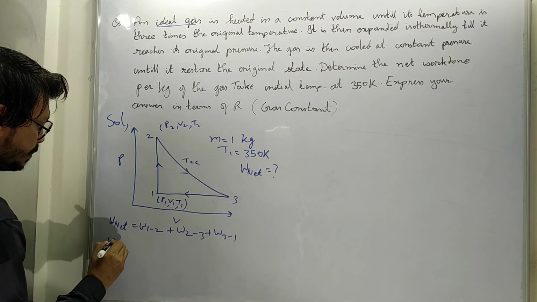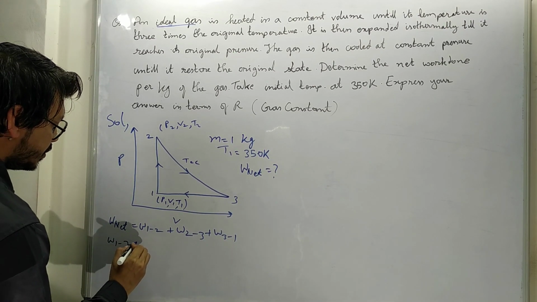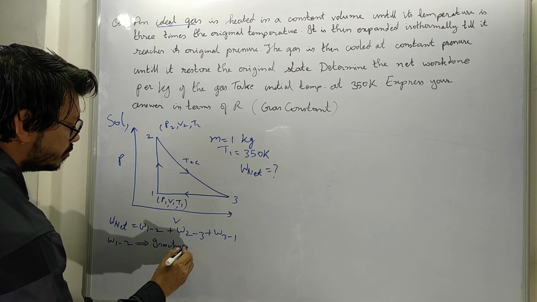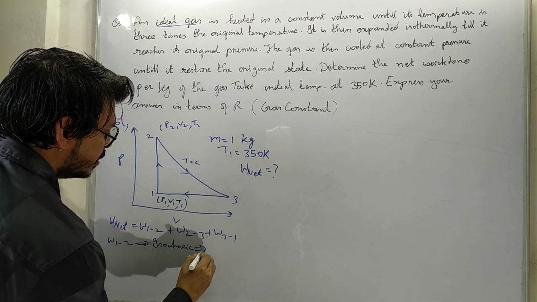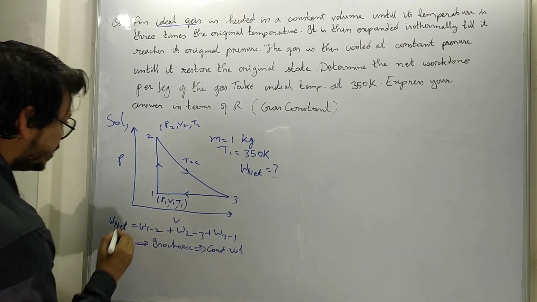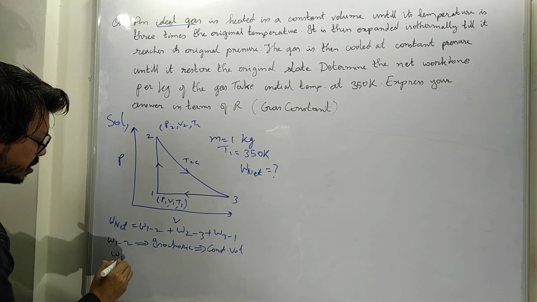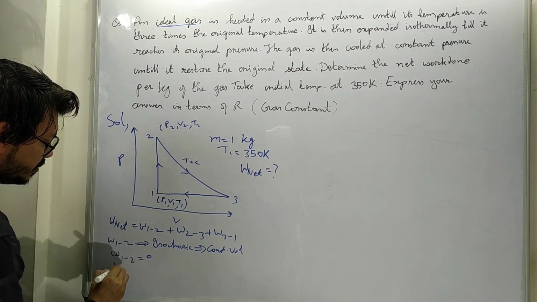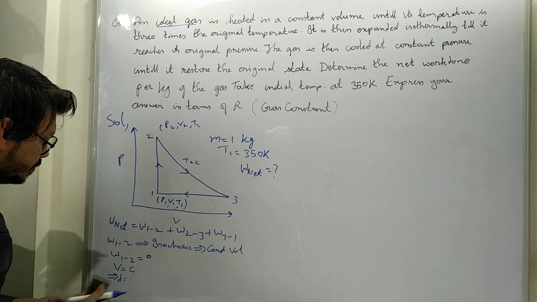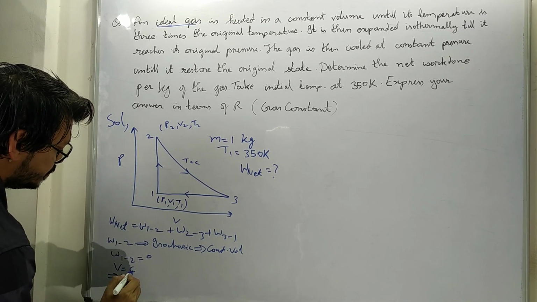Now work done by process 1 to 2. This process is an isochoric process, that is a constant volume process. We know that the work done by a constant volume process is 0, since V is constant, dV is 0, so the work done is 0.